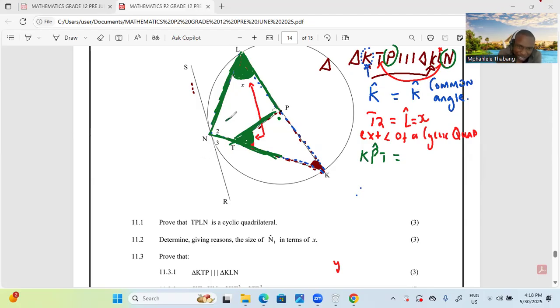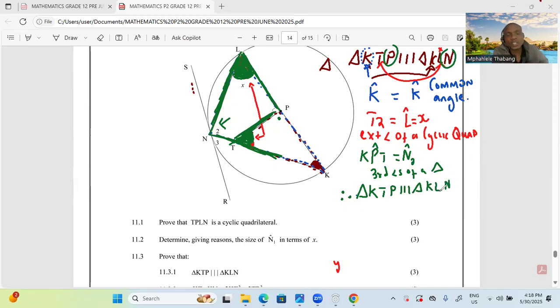This N is N2. Your reason here is the third angle of a triangle. Therefore, the triangle KTP is similar to the triangle KLN.